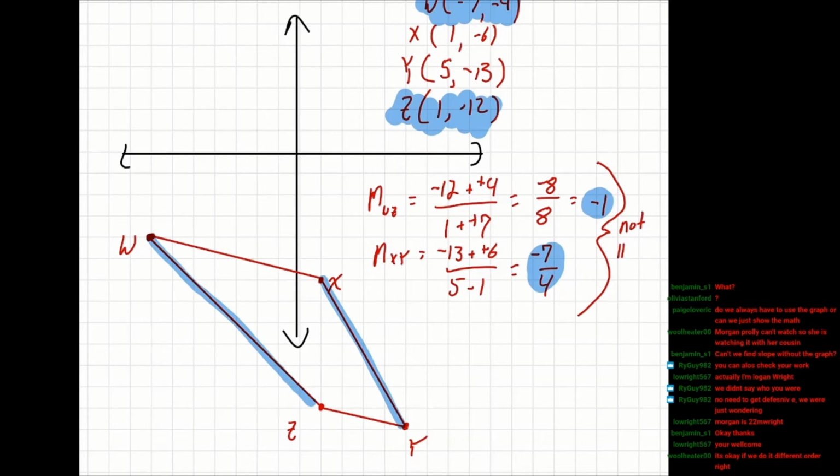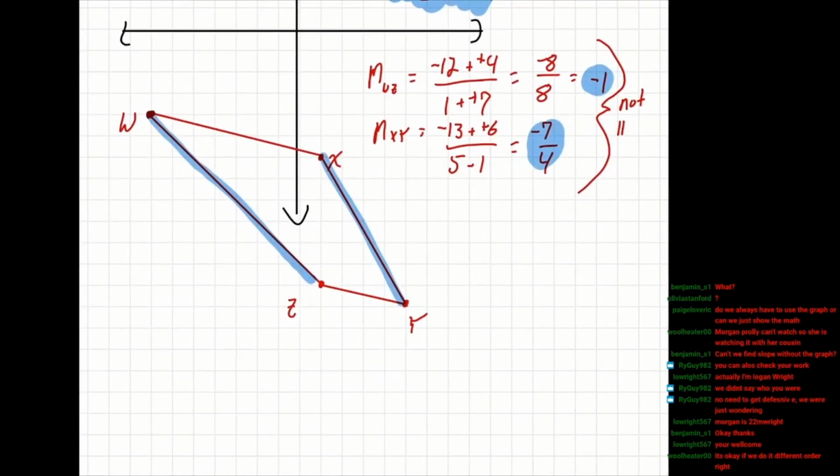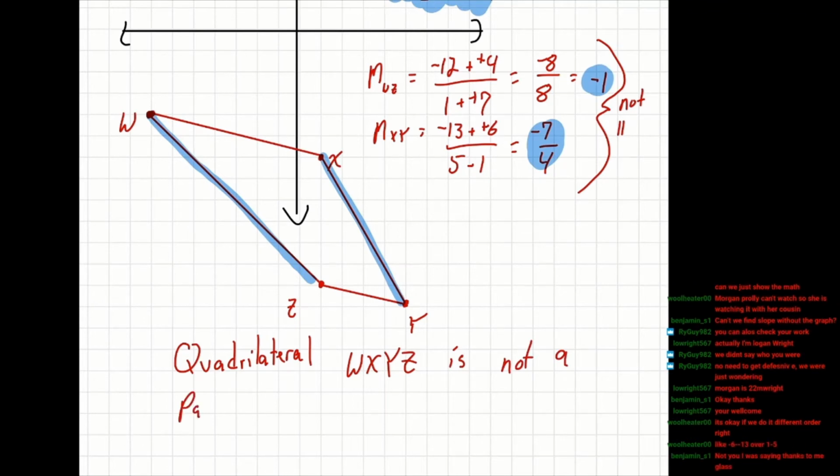Once we have found one that isn't, we are done, and we can justify that quadrilateral WXYZ is not a parallelogram, since opposite sides are not parallel. If you use distance, you would have to find two different numbers, and then you would just have to change, instead of parallel, you'd have to be congruent.